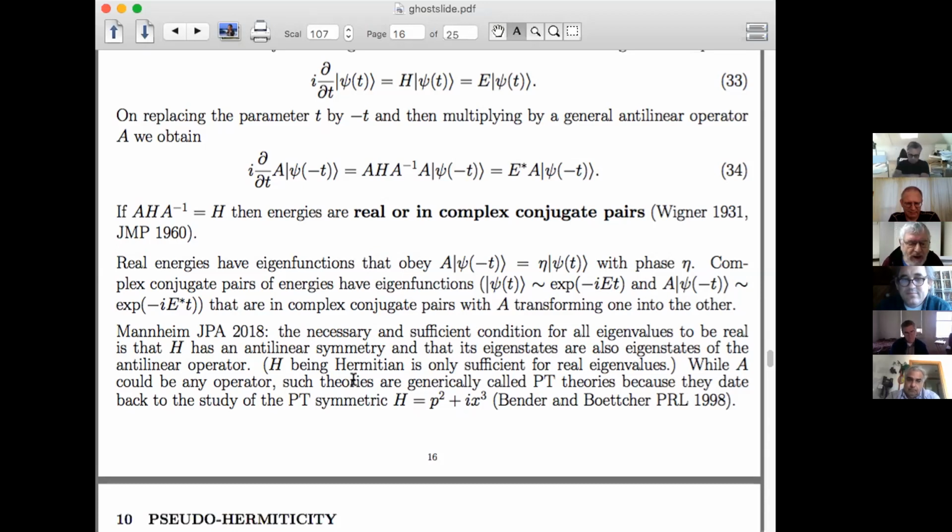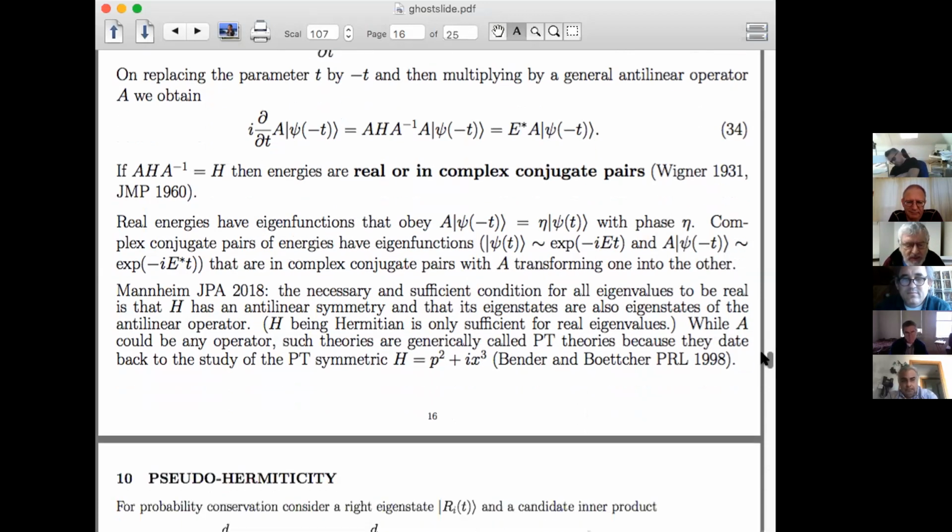Now, while A could be any operator, these theories that date back to the work of Bender and Boettcher in 1998, applied initially to p squared plus i x cubed, are now called PT theories, even though the antilinear symmetry need not be PT. But nonetheless, as long as there is an antilinear symmetry, then energies are real or in complex conjugate pairs.